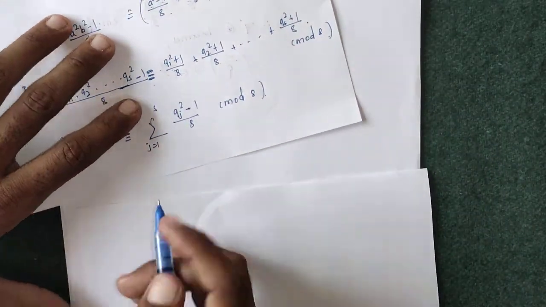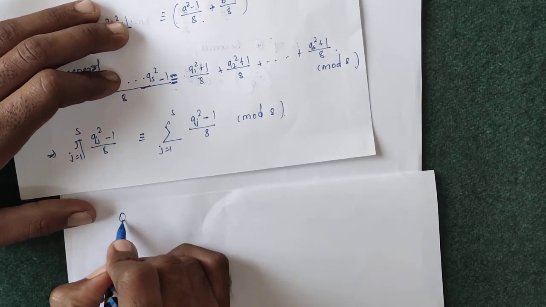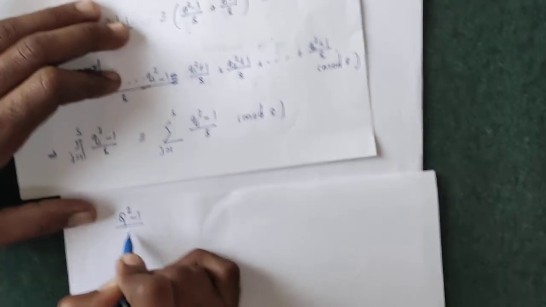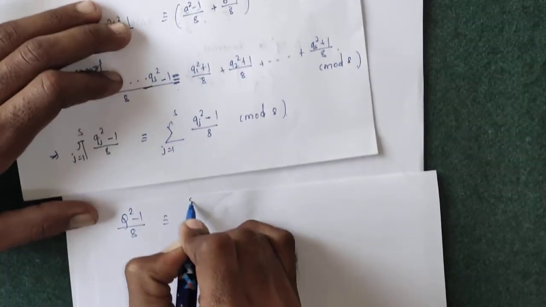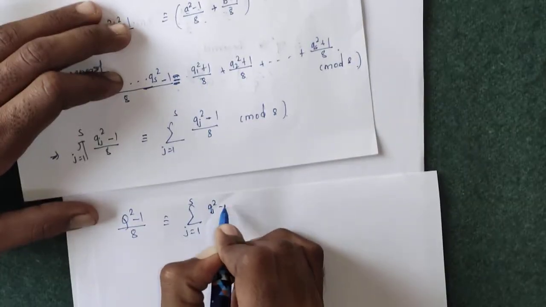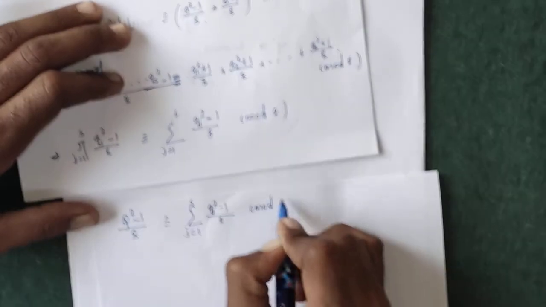So, it is just q square minus 1 by 8, which is congruent to the summation j running from 1 to s of qj square minus 1 by 8 under modulo 8.